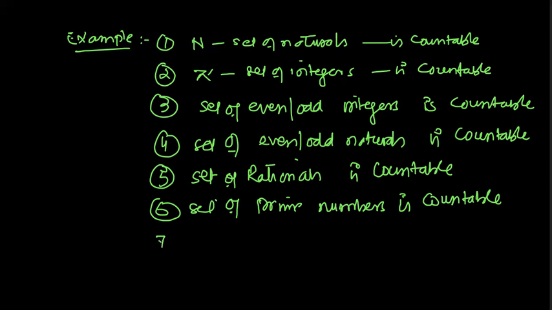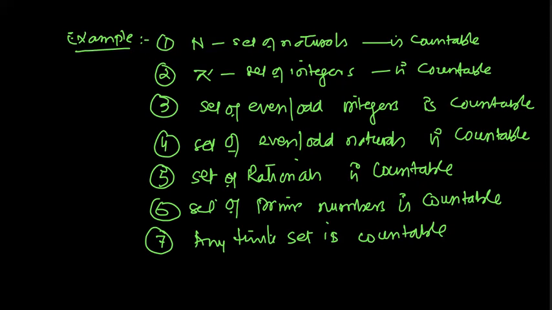Any finite set, you know, is countable. Then, N cross N is always countable.